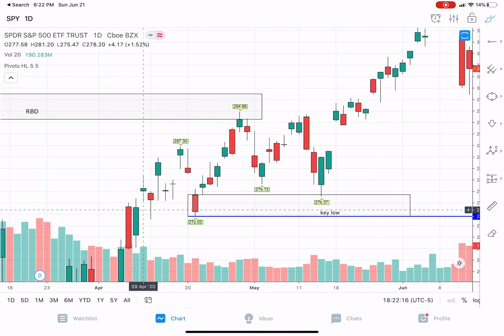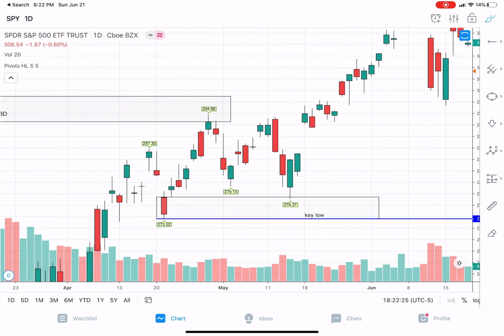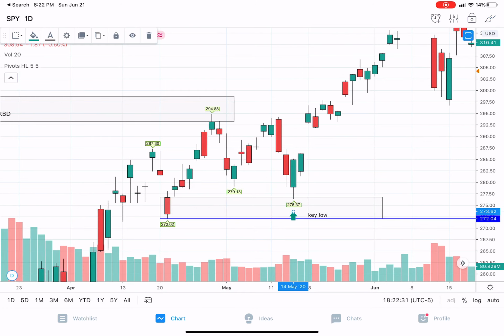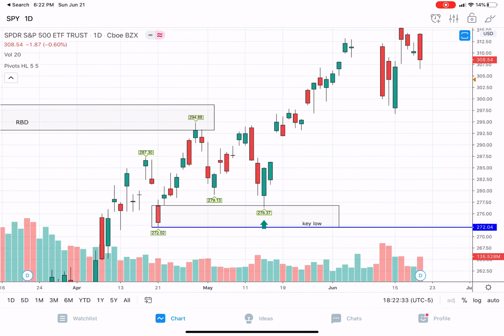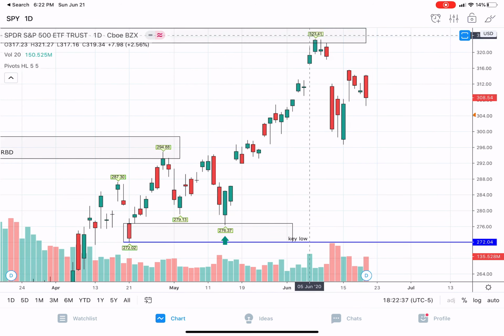So we would enter at the open of this candle. So we'd enter at 277 with a stop loss below this low right here, below 272. And nonetheless, we get the sell off into demand here. Market pops up, and then we get our huge move up out of here.